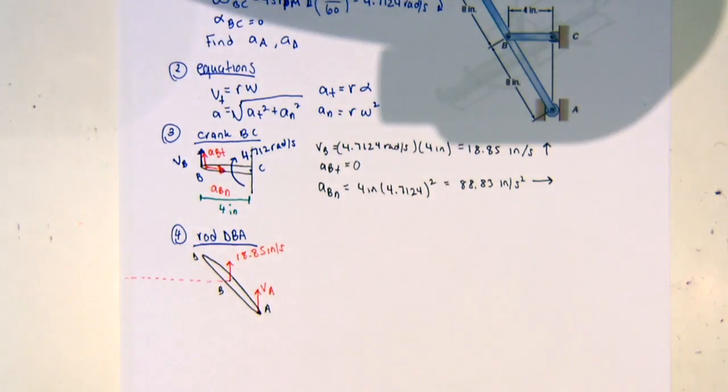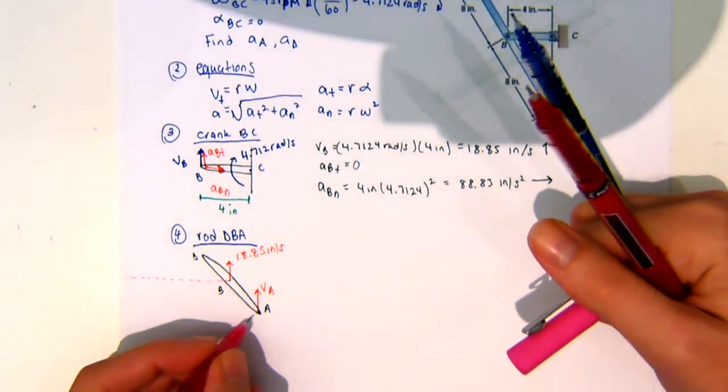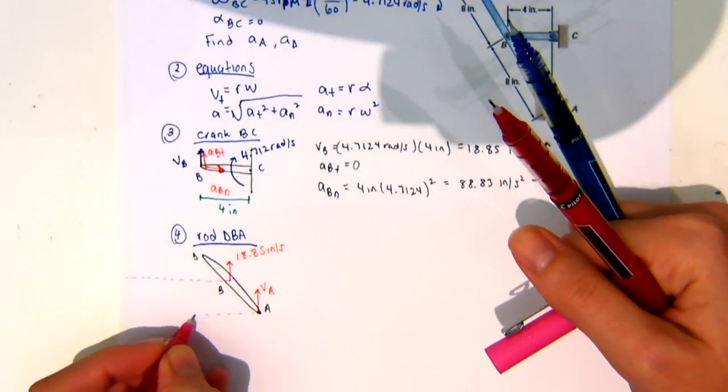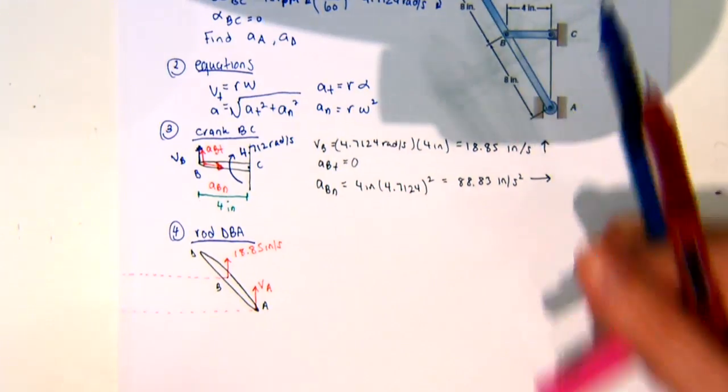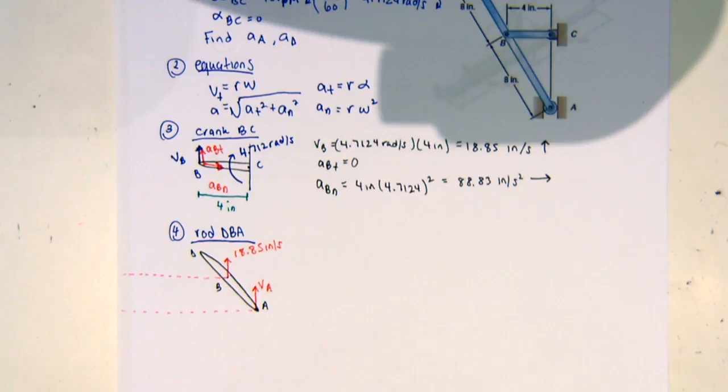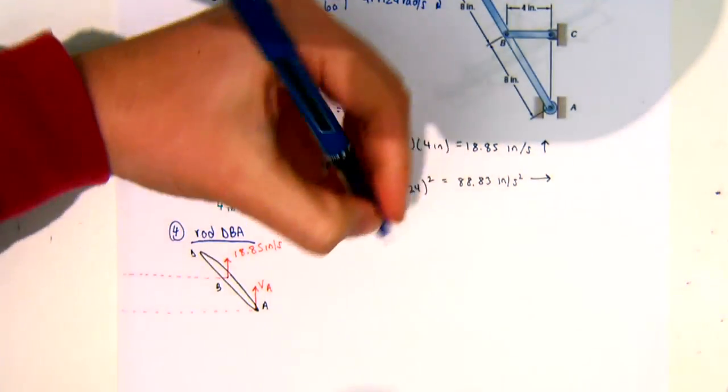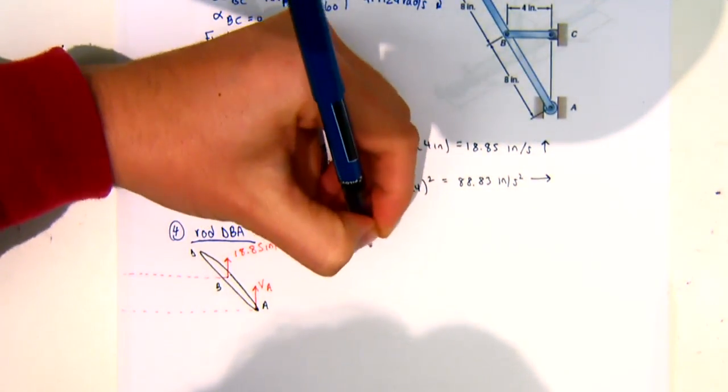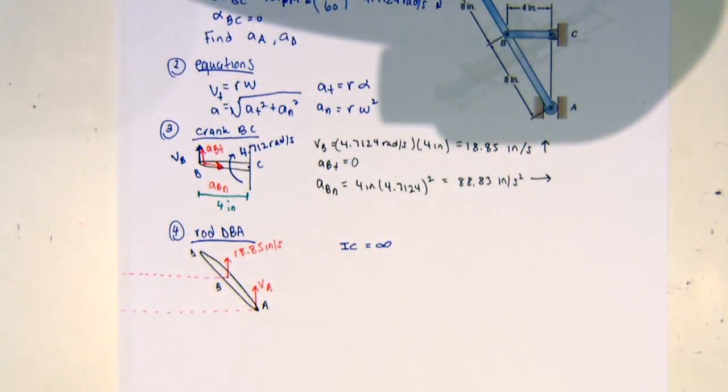Then where those two lines intersect, that's your instantaneous center. But look at what happens if I do that for this one. They're parallel. So if they're parallel, then that means that our IC is at infinity. So our instantaneous center doesn't exist.